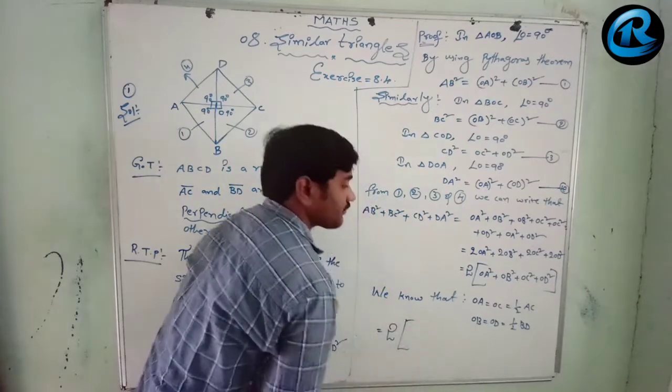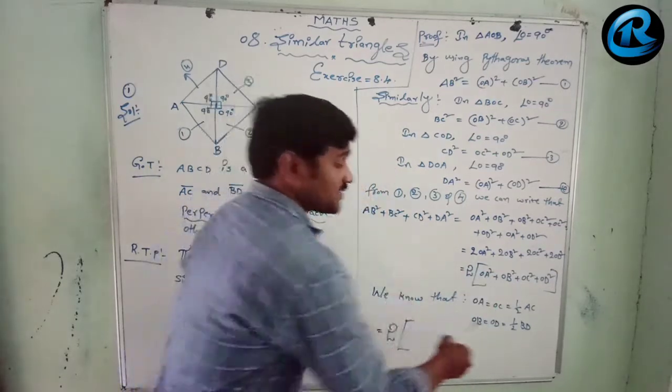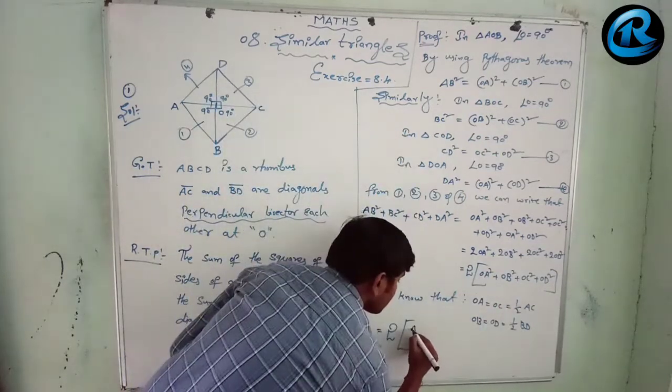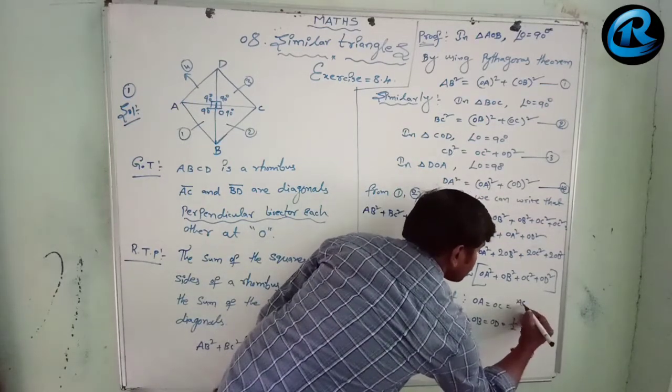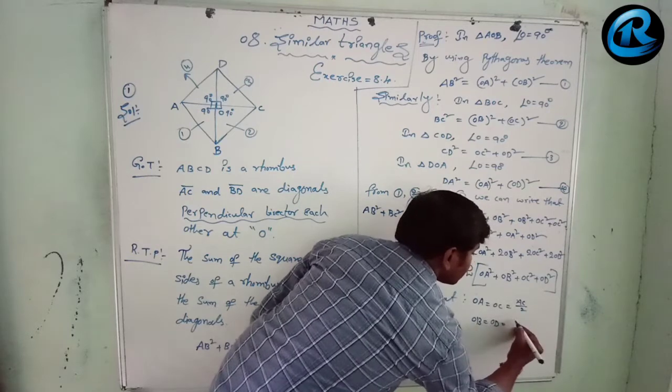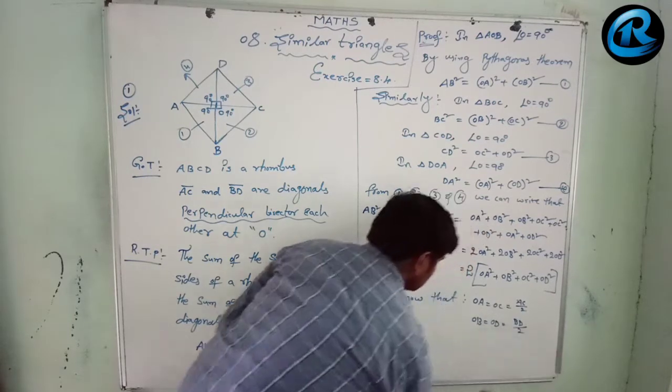2 of OA square. Half of the AC is nothing but AC by 2. Here half of the BD is nothing but BD by 2.